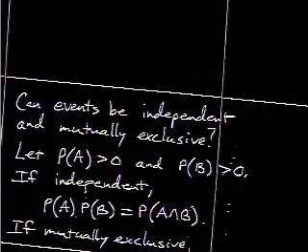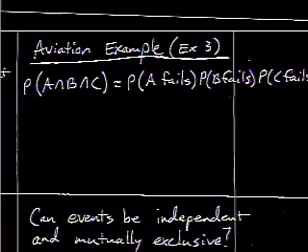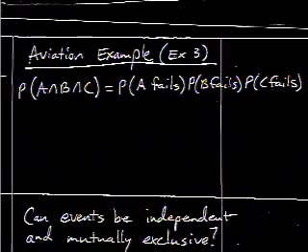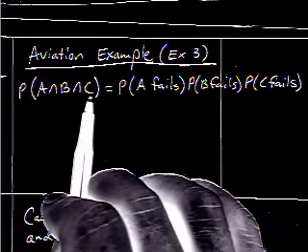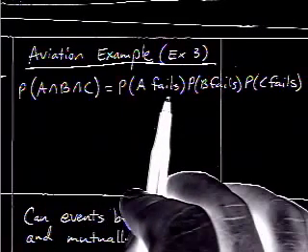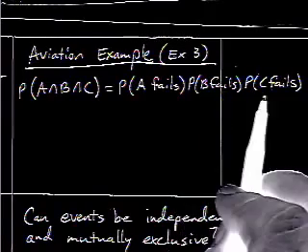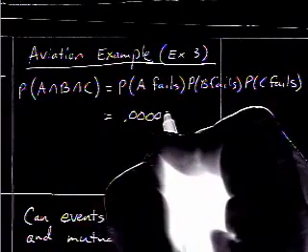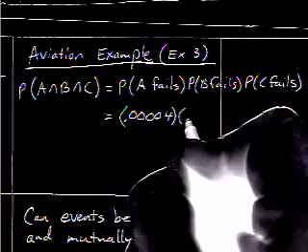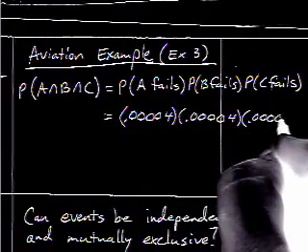Folks, this is the probability of three engines failing at the same time. So it's the probability of engine A failing, engine B failing, and engine C failing. And the probability for each one of these is this very small probability.